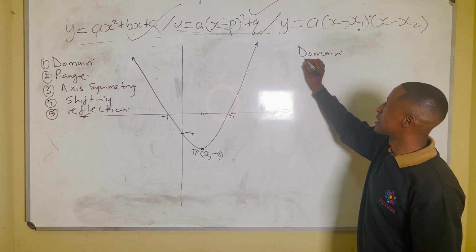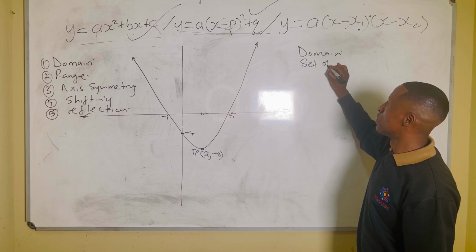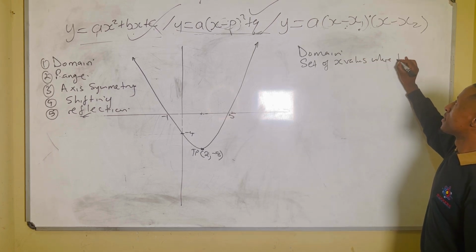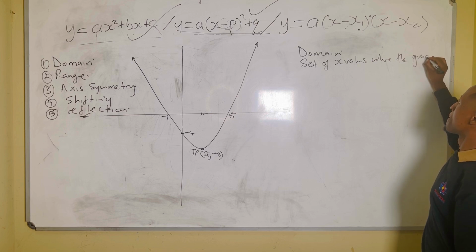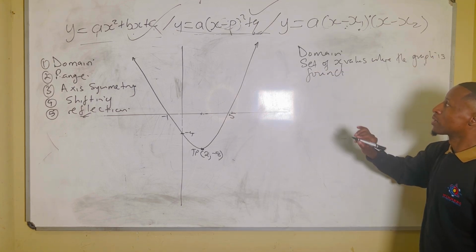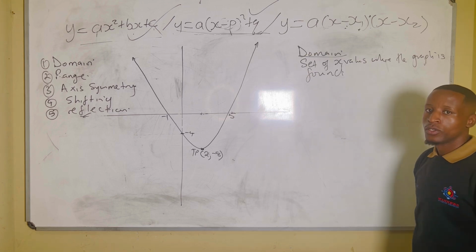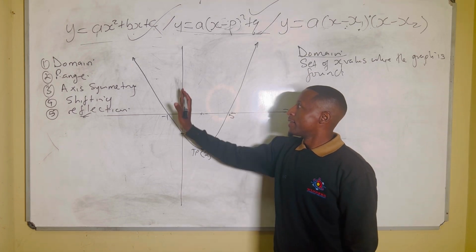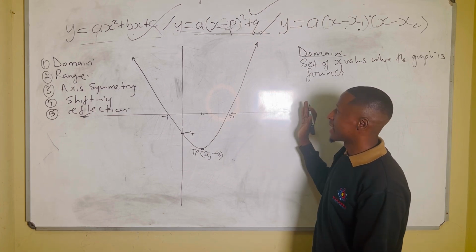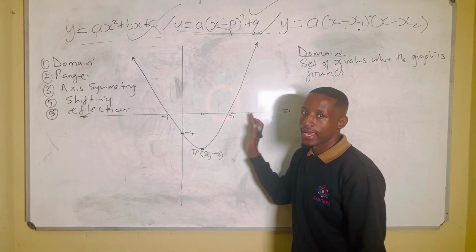We said it's a set of x values where the graph is found. It's our domain. So you check where the graph exists as far as x is concerned, meaning if it's the x values, you need to check it horizontally.